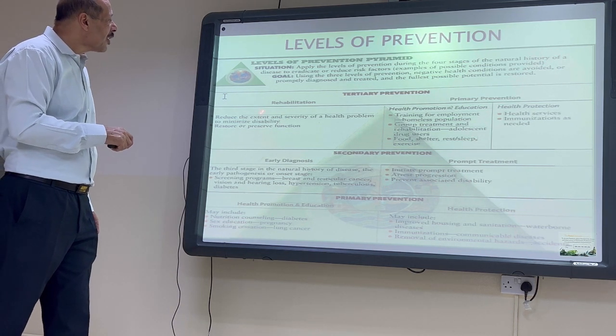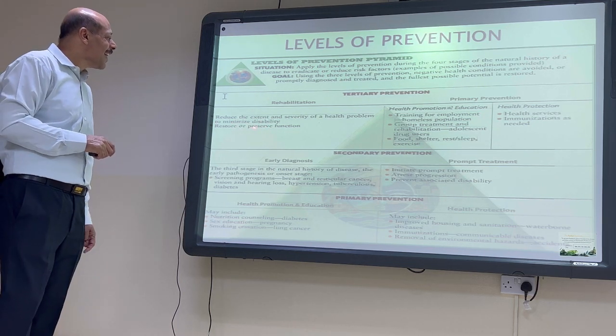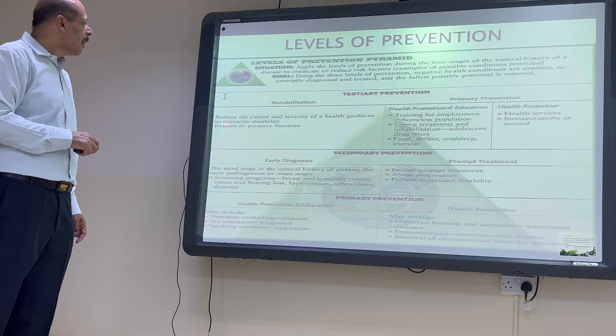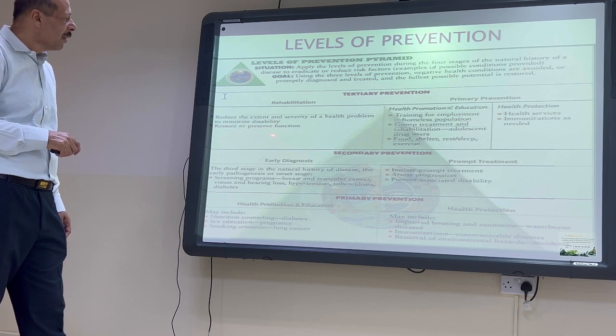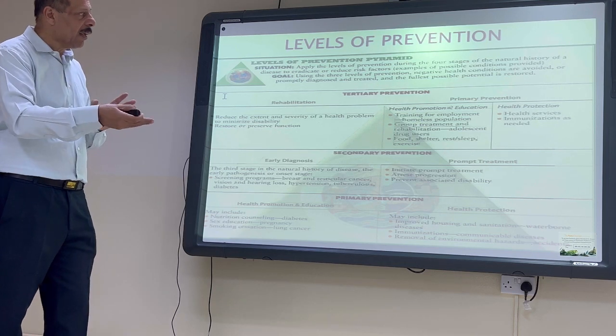The rehabilitation, then, or the third or tertiary prevention, reduces the extent or severity of the health problem to minimize disability and restore or prevent the loss of function. This is after getting the infection.